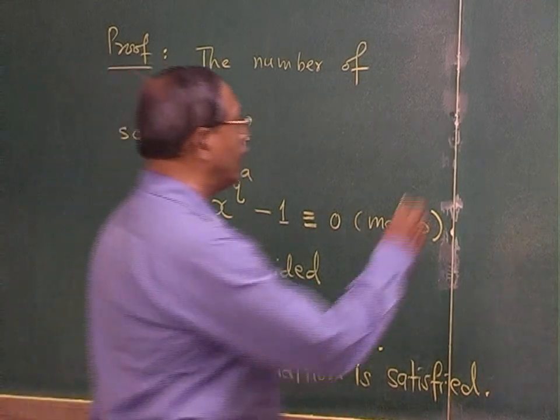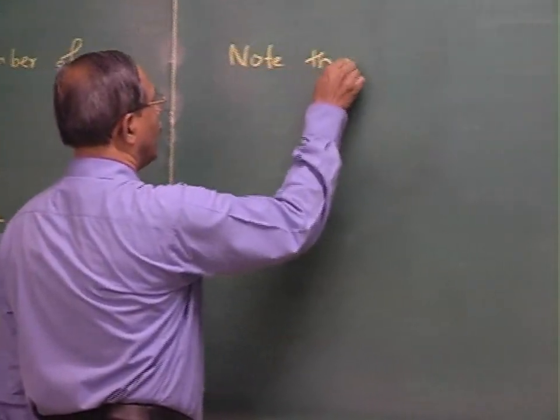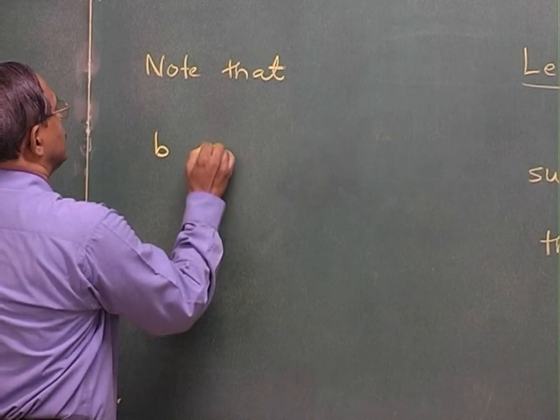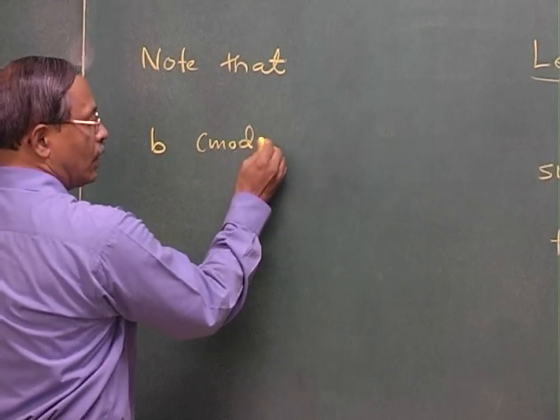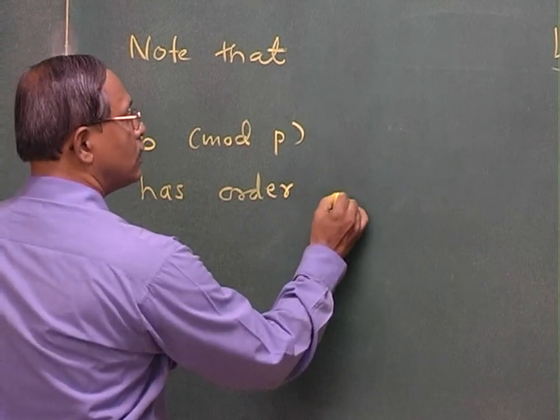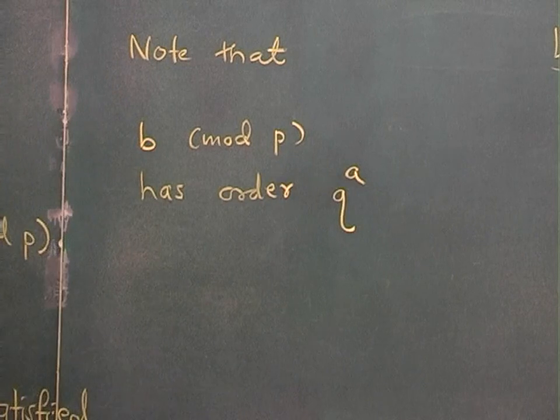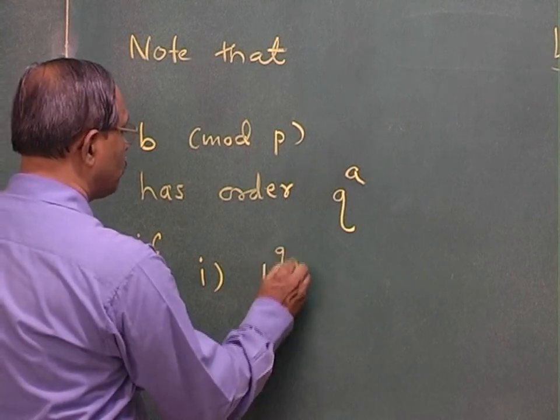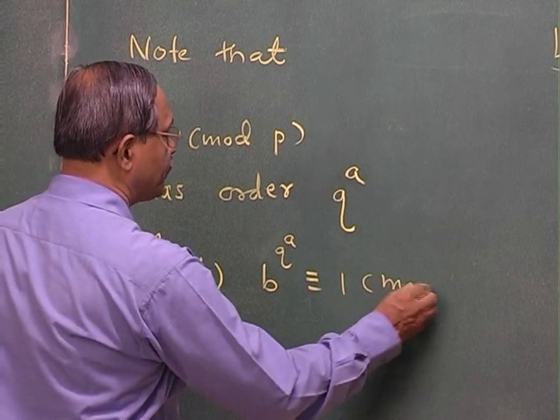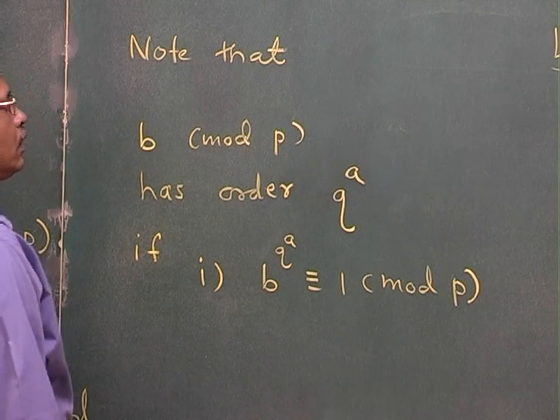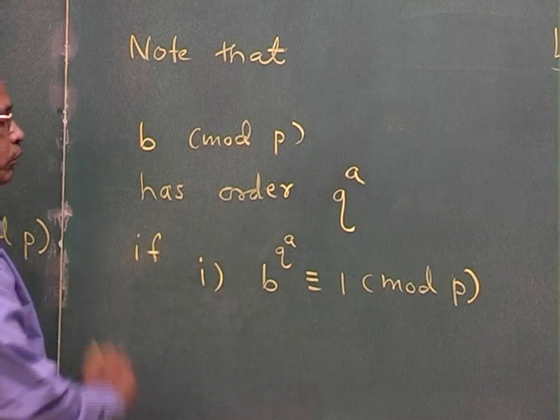So note that b mod m, here m is p, has order q raised to a if b raised to q raised to a is congruent to 1 mod p, and no lower order should be possible.